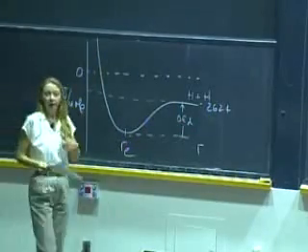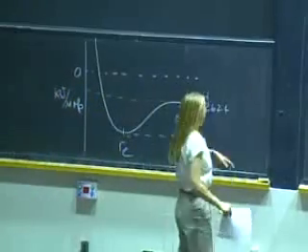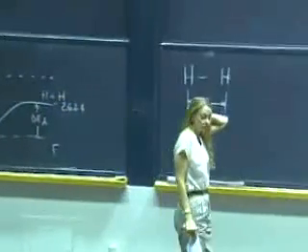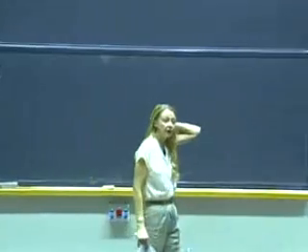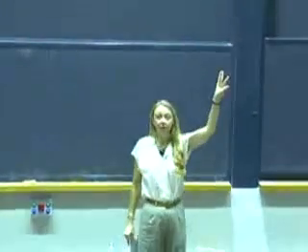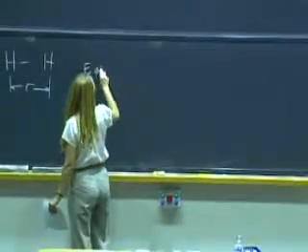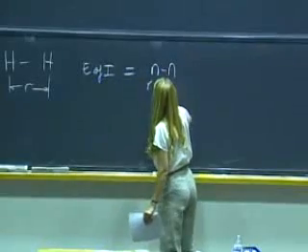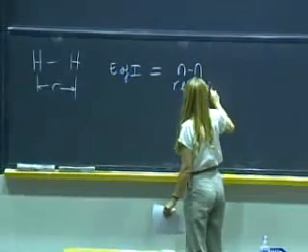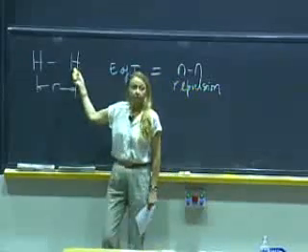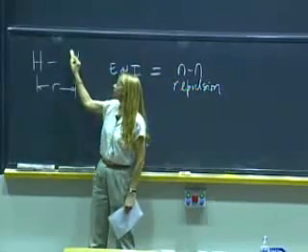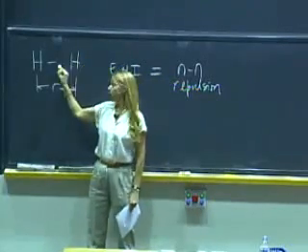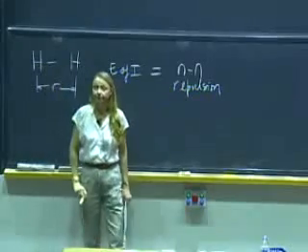All right. We were talking about how that curve, that energy, was really the sum of three components. That energy of interaction was the sum of the nuclear-nuclear repulsion, that is, the repulsion between the nucleus of this hydrogen and the nucleus of that hydrogen.